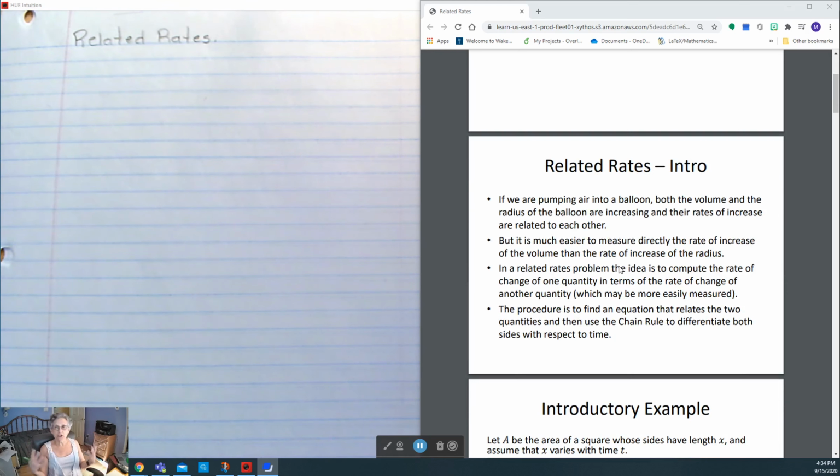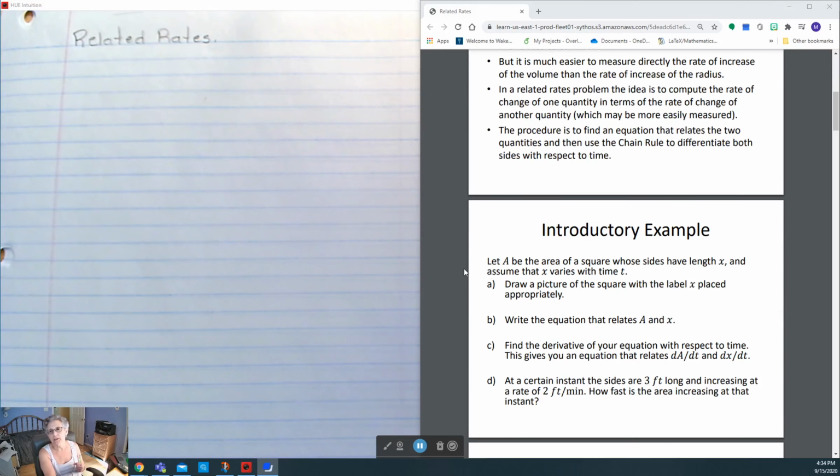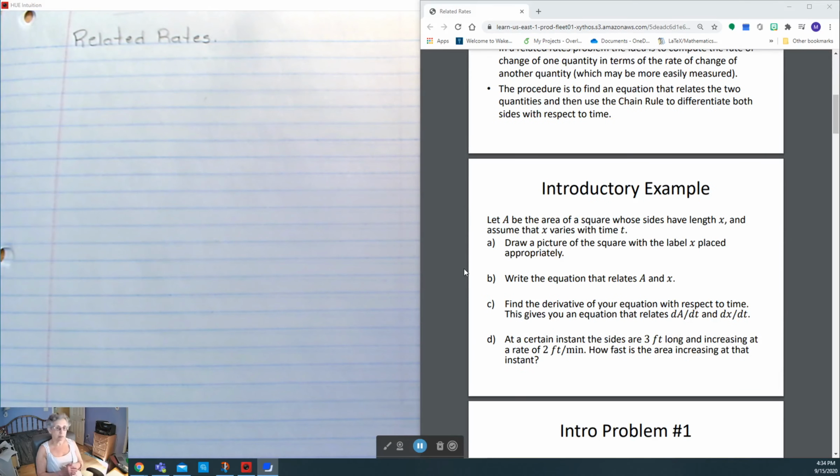So a lot of things are changing, and they all change in relationship with one another. We can use the chain rule and implicit differentiation to solve these problems. So let's look at just a very simple introductory example.